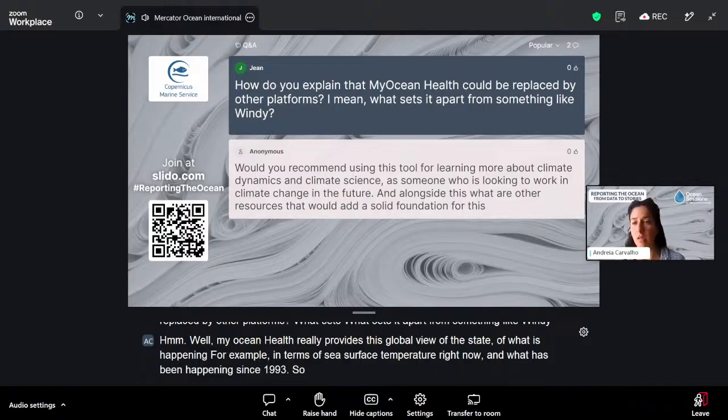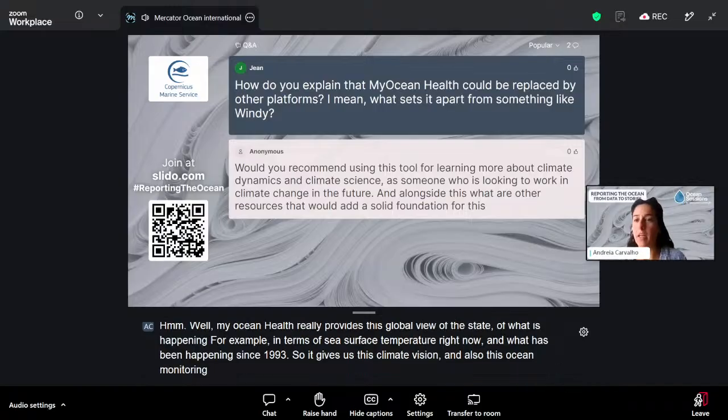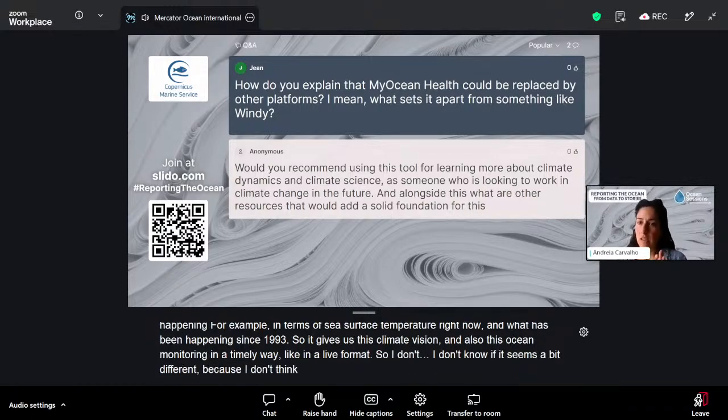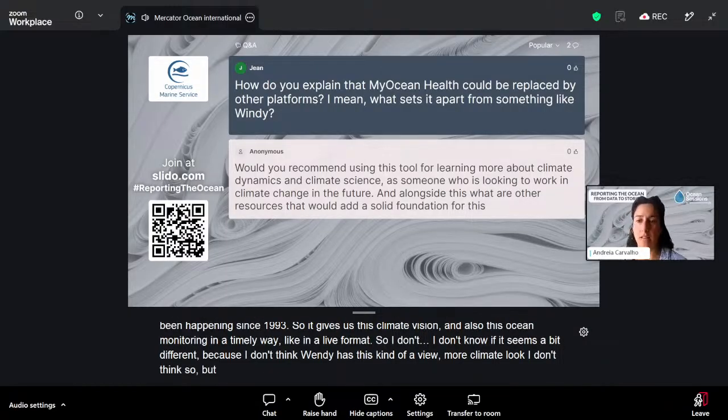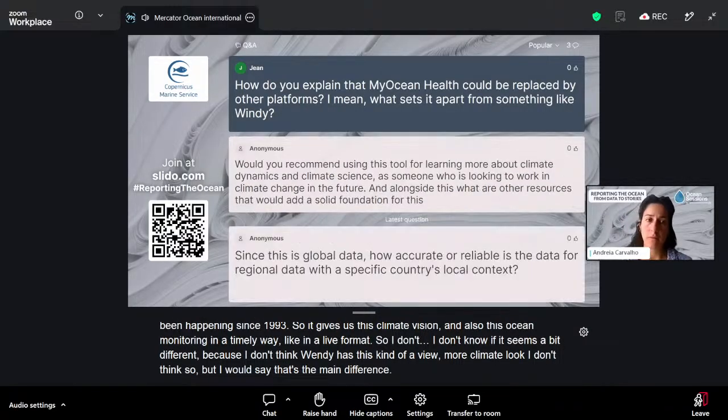So it gives us this climate vision and also ocean monitoring in a timely way, in a live format. I don't think Windy has this kind of more climate-oriented view. I would say that's the main difference.